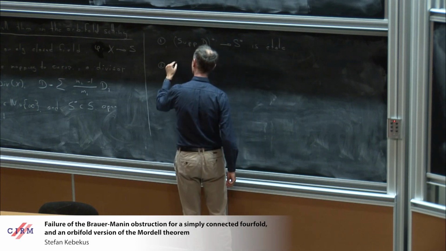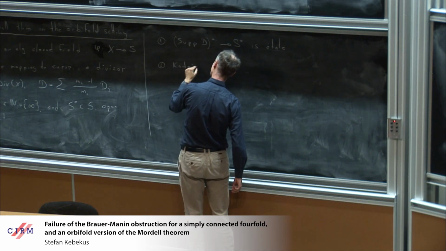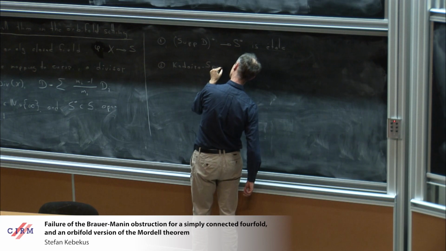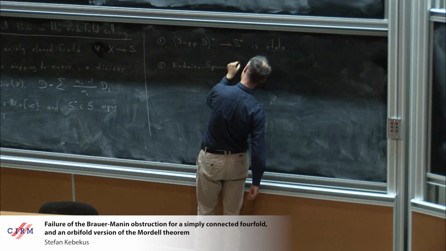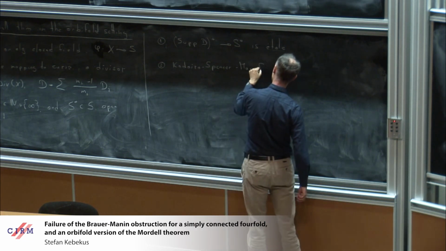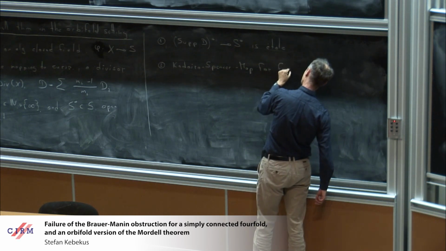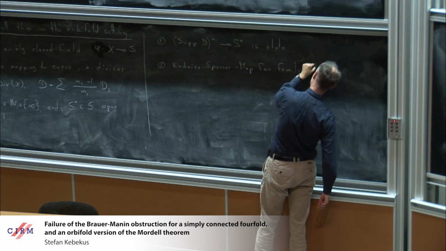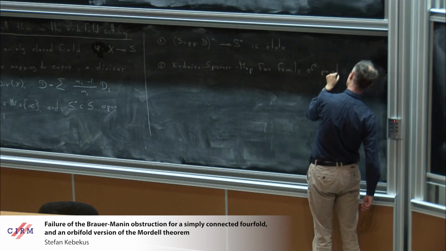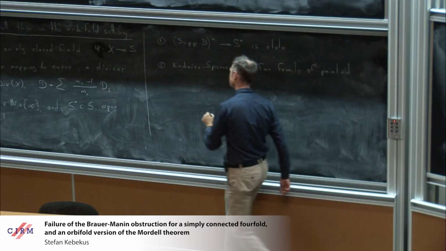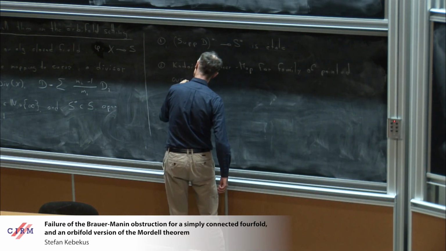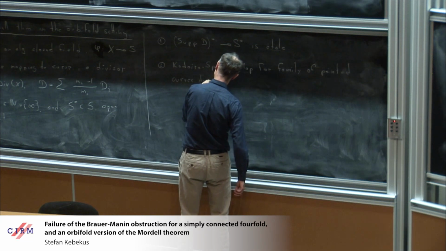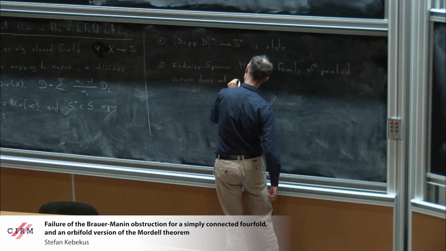Second, I want that the Kodaira-Spencer map for the family of pointed curves does not vanish.